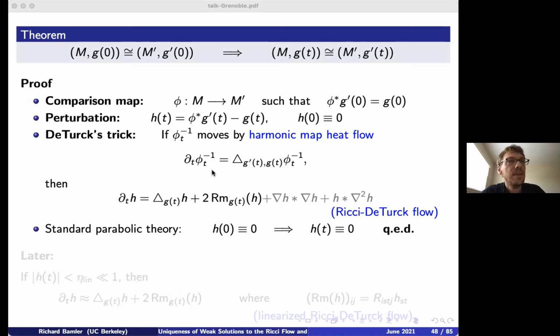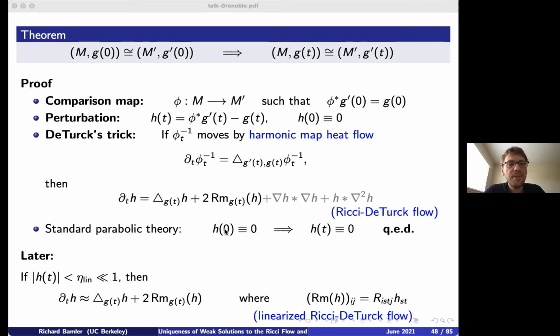Okay, so just to foreshadow a bit, what we're going to do later is look at h and phi. We're always going to evolve phi by the harmonic map heat flow, but what will happen very often is that we can't apply this last step. So we won't be able to say that h is strictly equal to 0.